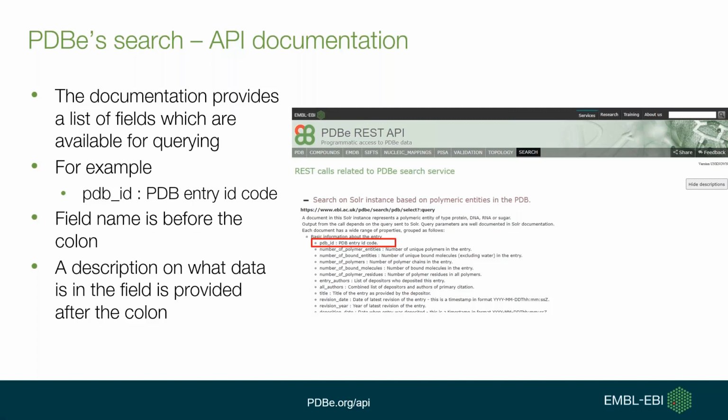If we click on that link, we get taken to the documentation page for the Solr search that we have. It provides a list of the fields that are available for querying. For example, PDBe ID here, and then PDBe entry code, which is what's shown here in the red box. The field name is the part before the colon, and then we have a text description of what is returned when you use that field name, so what data is in there.